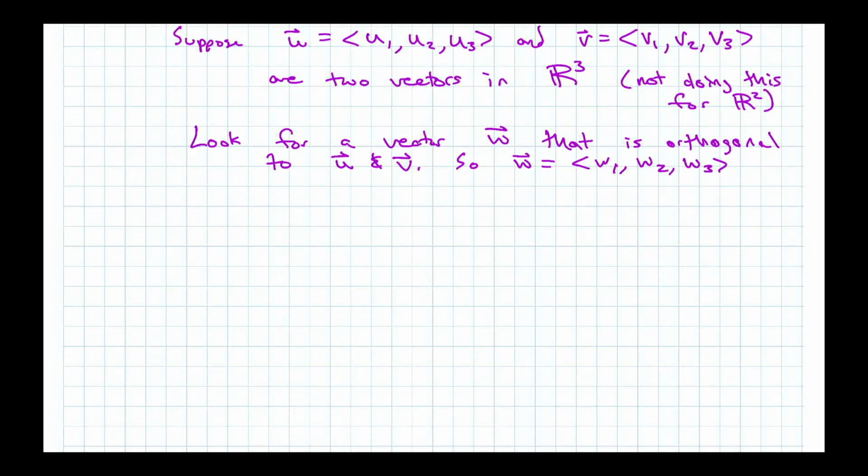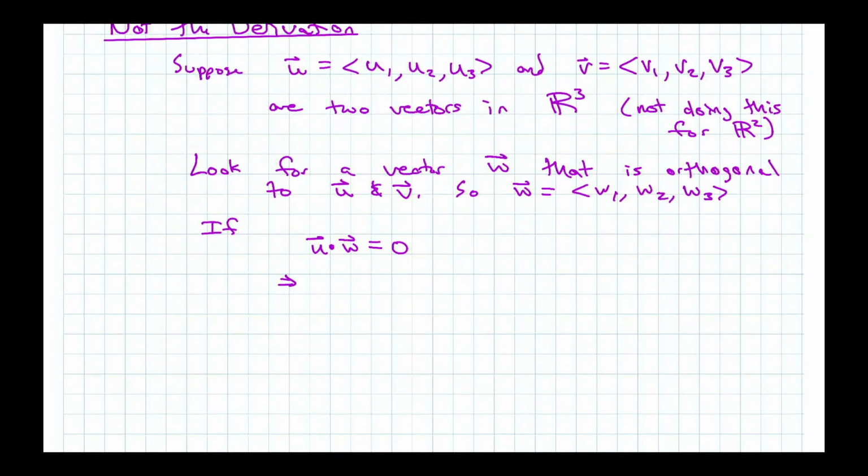So if u dot w equals 0, because they're orthogonal, then that means, doing the dot product of w and u, u1 w1 plus u2 w2 plus u3 w3 equals 0.